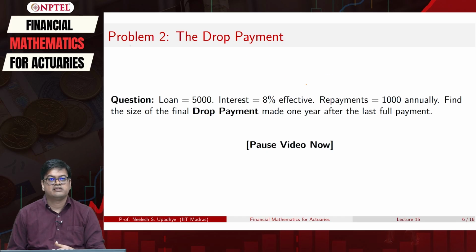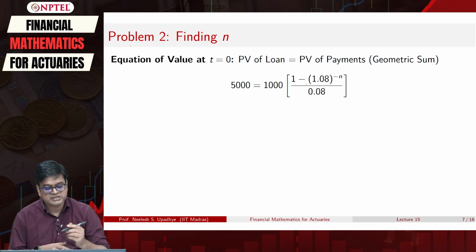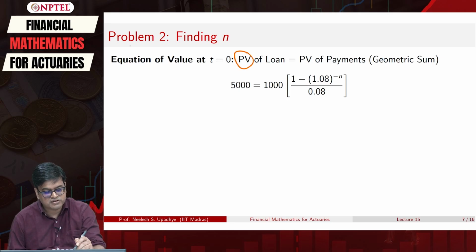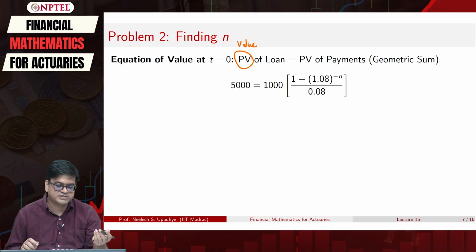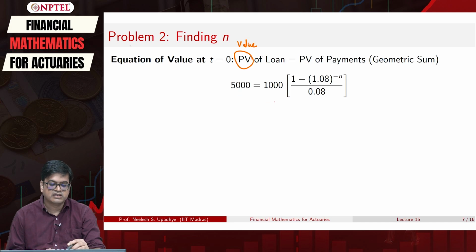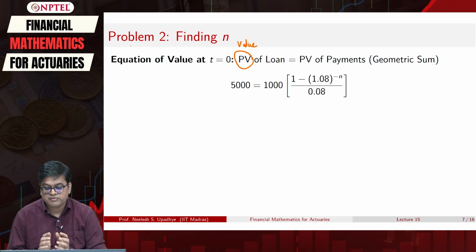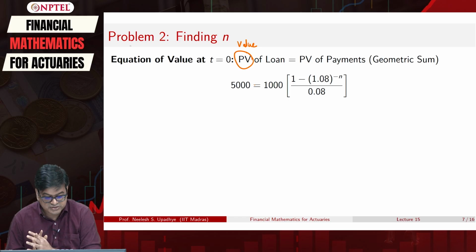Okay, now that you have attempted this problem, let us look at equation of value at t equal to 0. So here it is mentioned present value of the loan, but present value of the loan is actually value of the loan because we are at time 0. So, the value will not change. So, it is 5000. And then if you look at our lecture 12 where we are looking at the geometric sums.